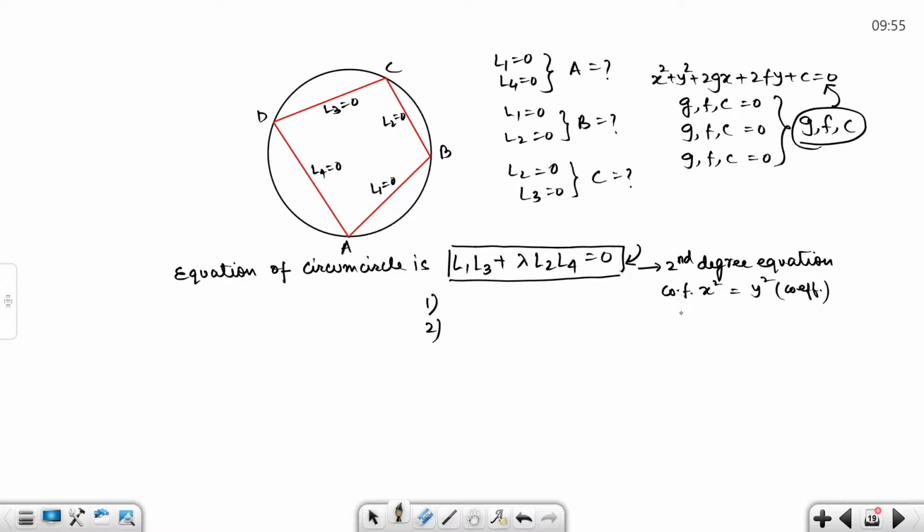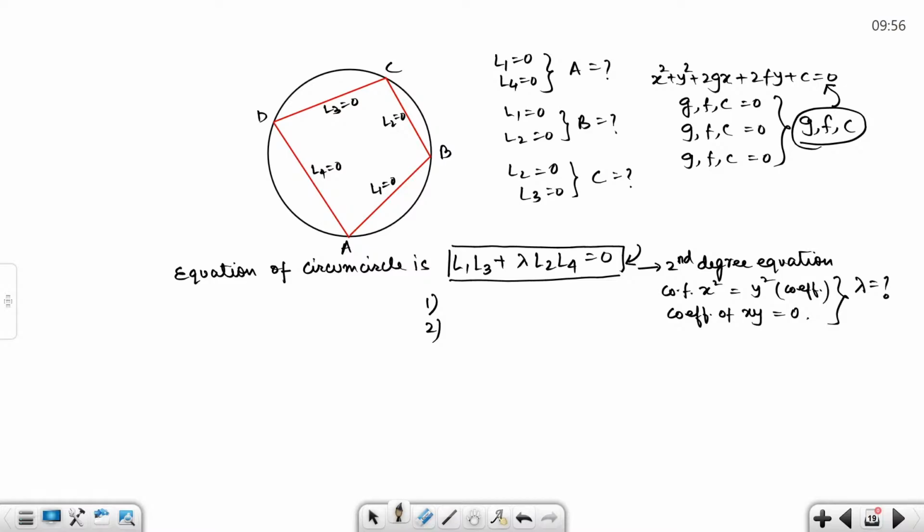At the same time, there should not be any term containing xy, meaning the coefficient of xy will be equal to 0. So simply by doing this, we are definitely going to get the value of lambda. Am I correct?